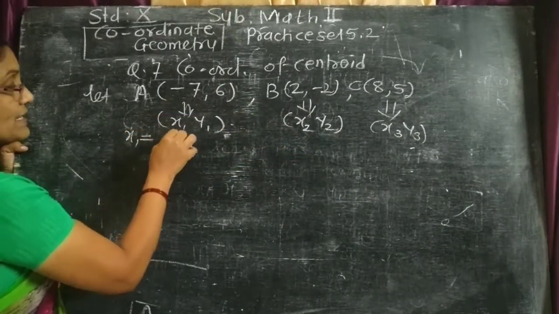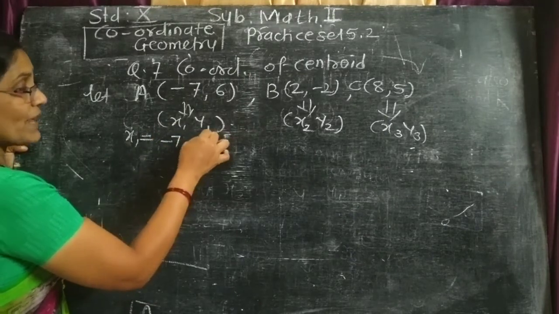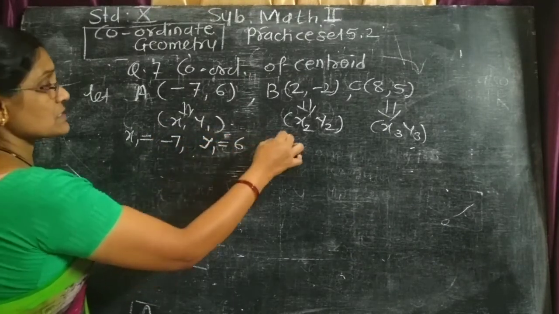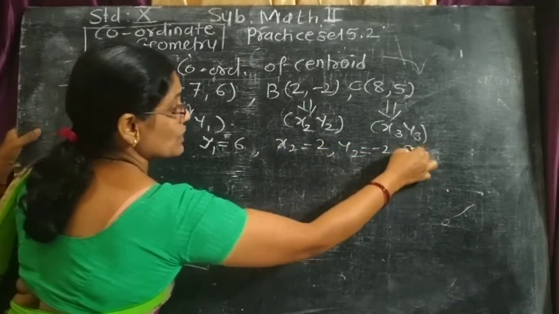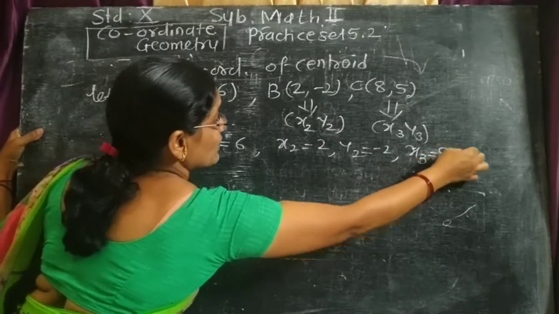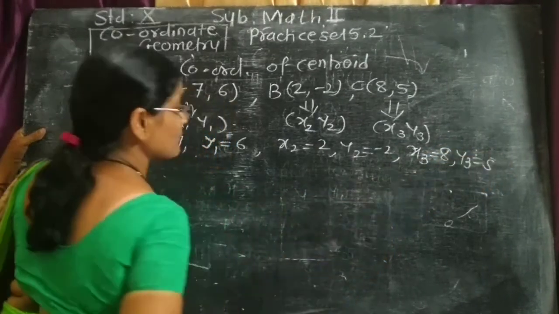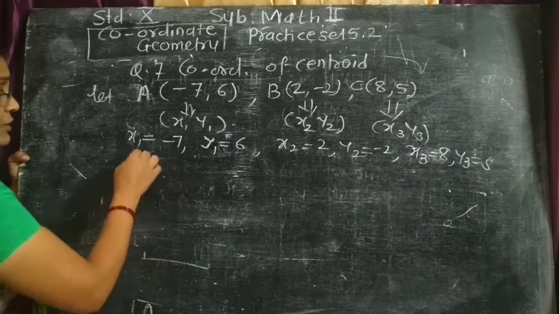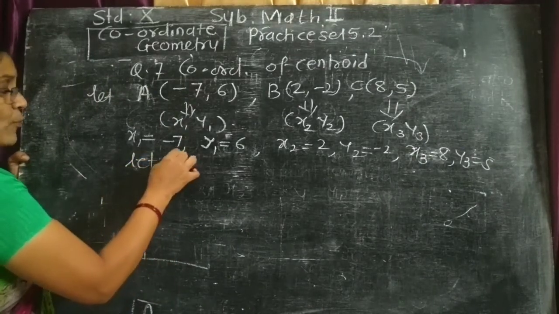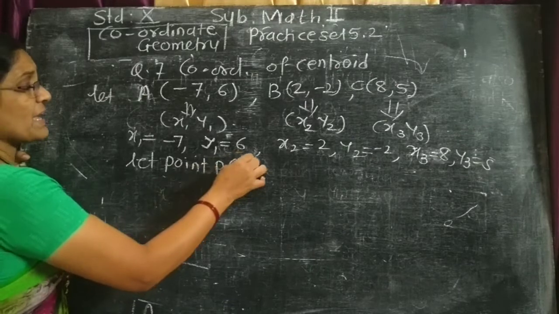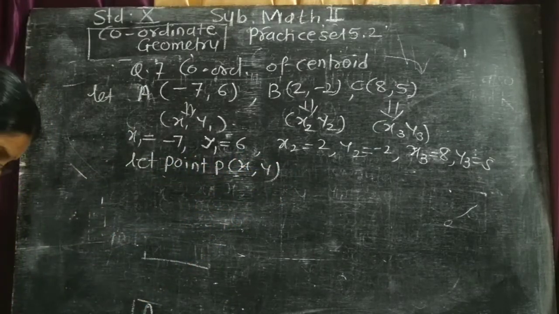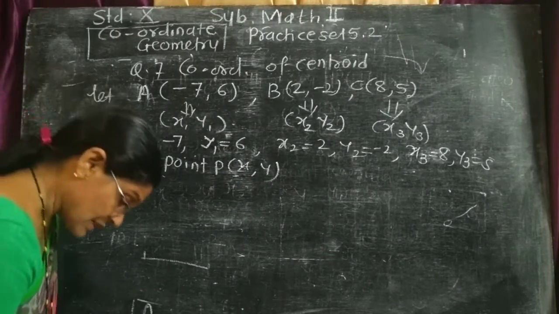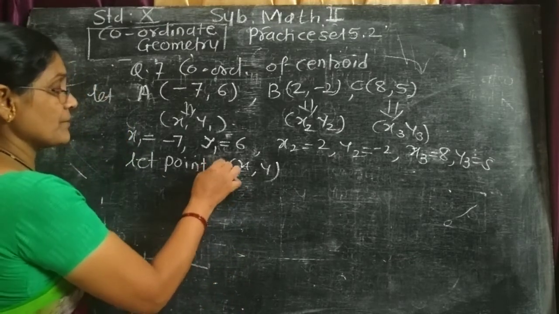x1 is equal to minus 7, y1 is equal to 6, x2 is equal to 2, y2 is equal to minus 2, x3 is equal to 8, y3 is equal to 5. Now let the coordinates of the centroid be P(x, y), or you may take G, which is generally the centroid. Take G. G(x, y) is the centroid.